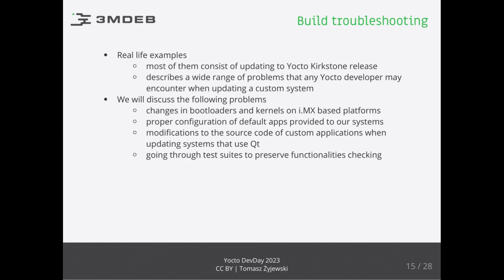Other times we needed to modify the source code of our custom applications because something was changed in the image that we provide. And at the end, the tests also needed to be changed in one of the projects, so I will talk about that too.